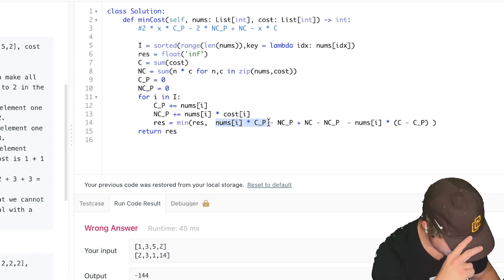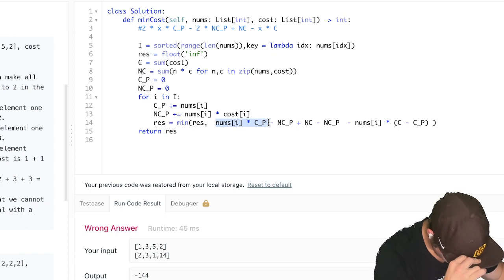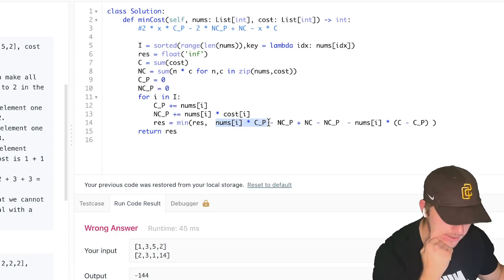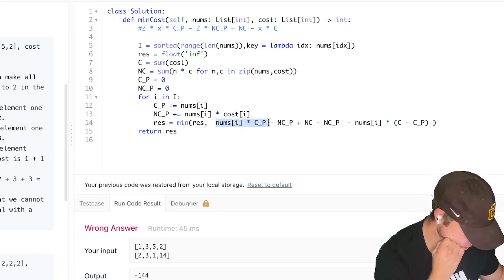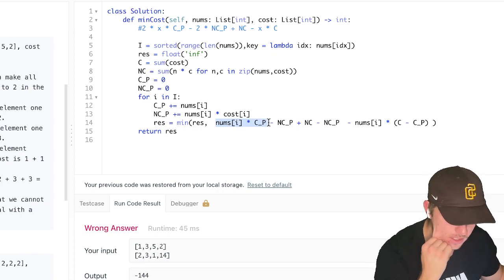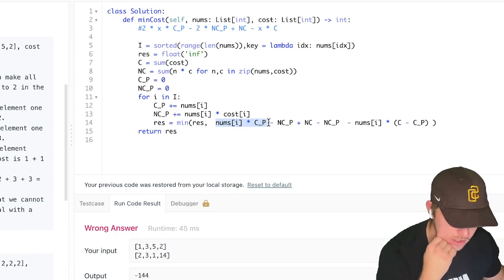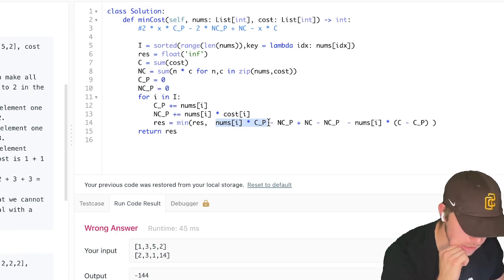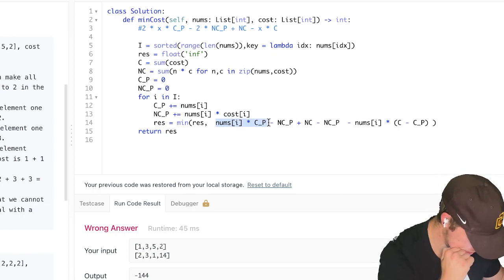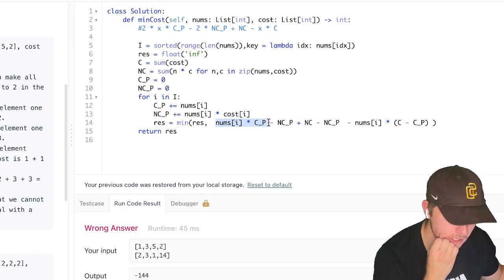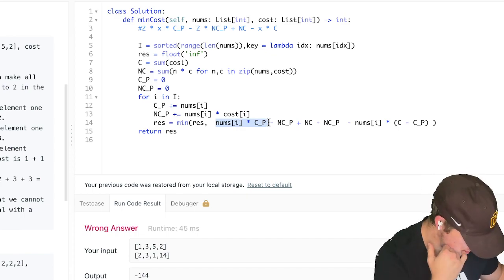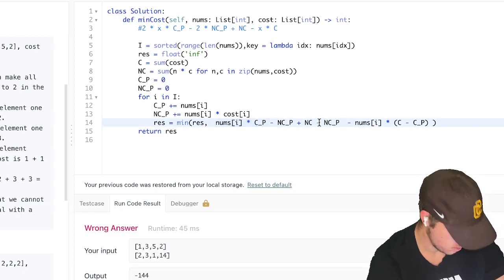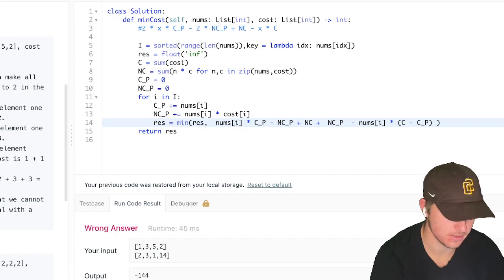C1 times C2. It's always a sign. Maybe, I think it's this one. Why would I subtract that?